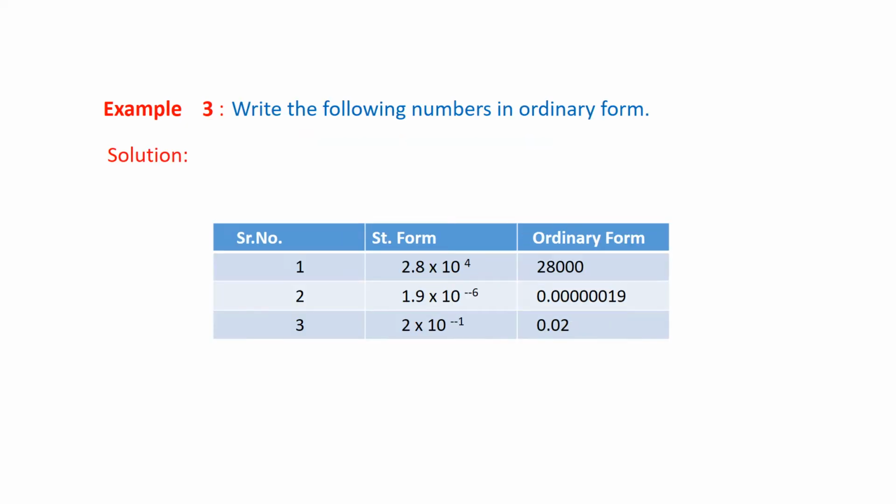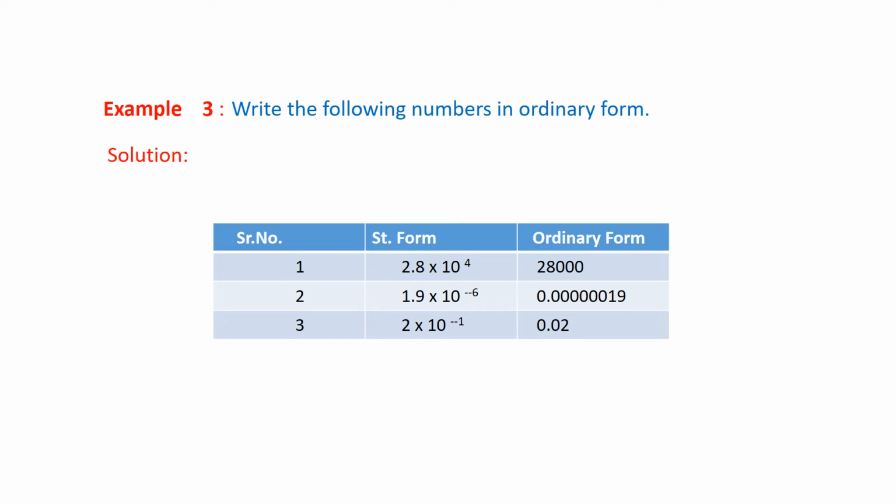Example 3: write the following numbers in ordinary form. Here we are given standard form numbers, and we can write them in ordinary form or ordinary notation. 10 power 4 can be removed by moving the decimal towards the right side. 4 places to the right it will move, getting this answer.